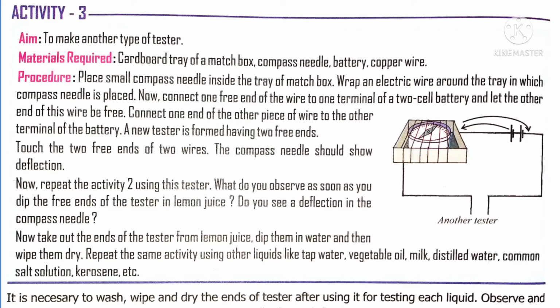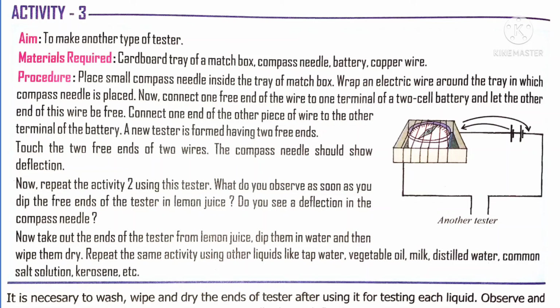Now connect one free end of this wire to one terminal of the battery, and the other end of the wire will be free. Connect one end of the other piece of wire to the other terminal of the battery. Now you complete the circuit by connecting the two free ends of the two wires. Now the circuit is completed.